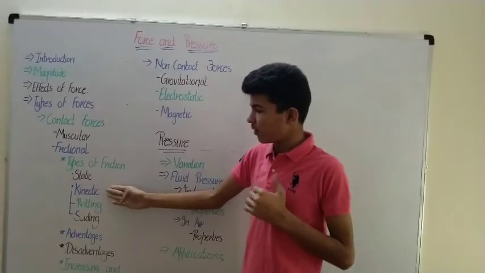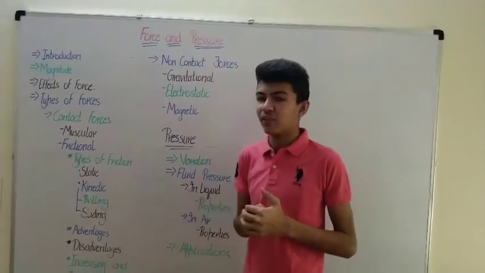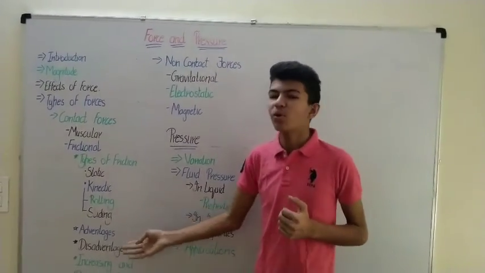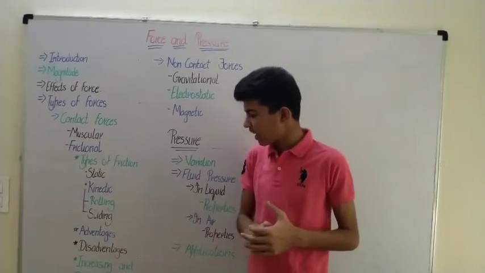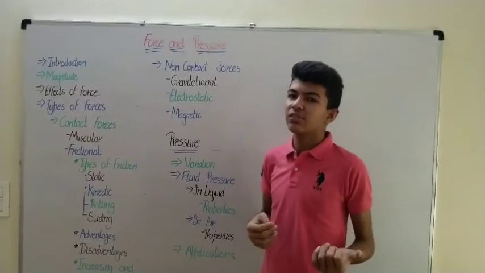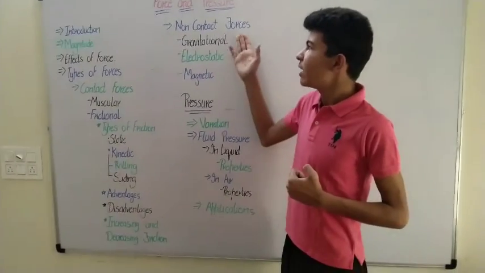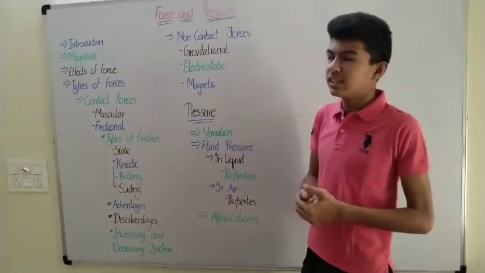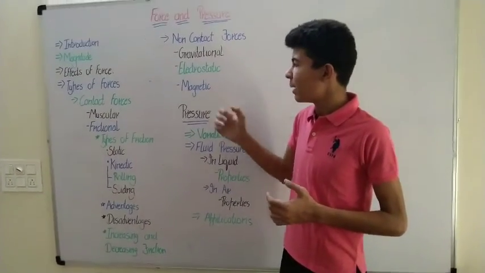Kinetic friction is further divided into rolling and sliding friction. Then we learned about the advantages and disadvantages of friction, and how we can decrease and increase friction according to our needs. Then we learned about non-contact forces: gravitational, electrostatic, and magnetic.